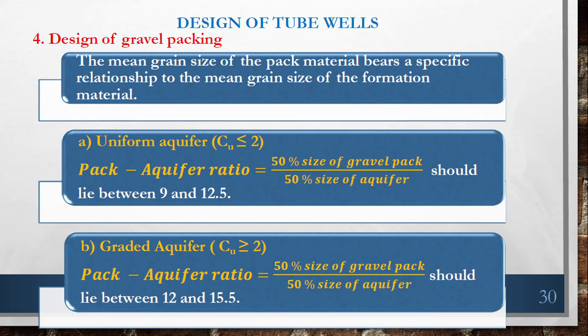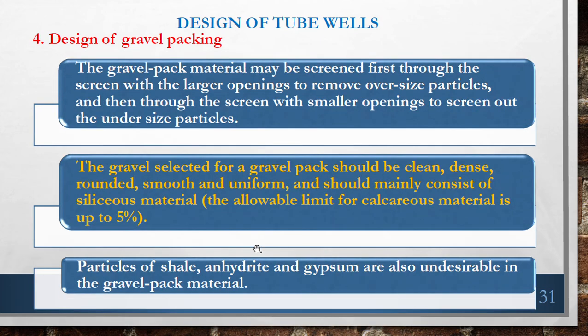This value should be between 9 and 12.5 for a uniform aquifer, that is, an aquifer having a low uniformity coefficient. In case of a graded aquifer, that is, a higher uniformity coefficient, the PA ratio should be 12 to 15.5. So this condition should be considered while selecting the gravel pack.